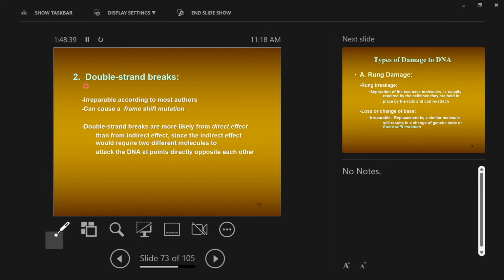The double strand breaks, these are what we're going to call hits. Irreparable according to most people who talk about these things, most authors, and these can cause a frameshift.